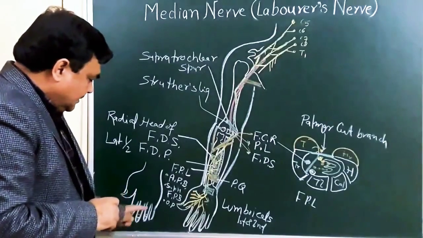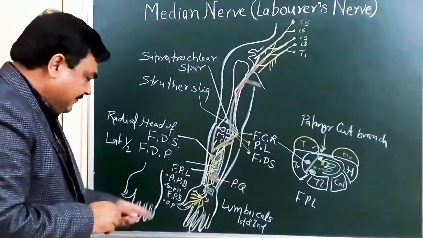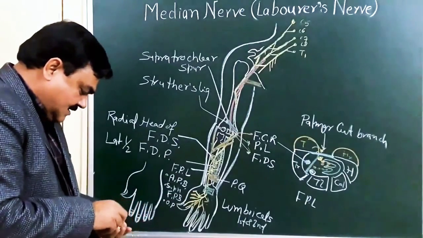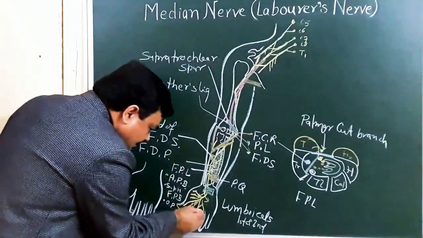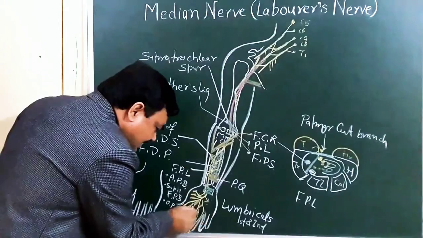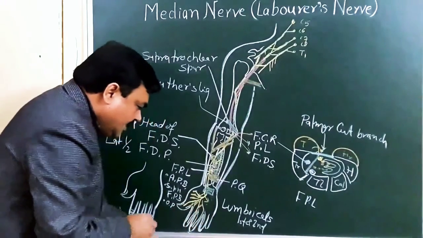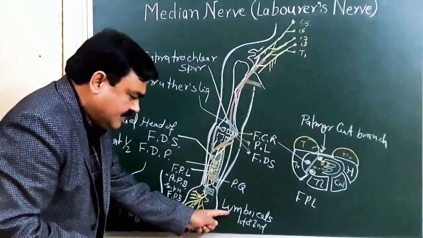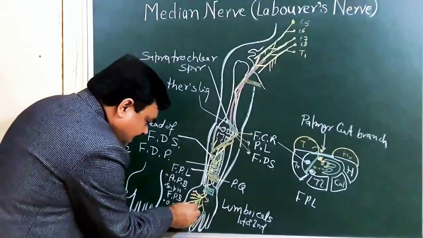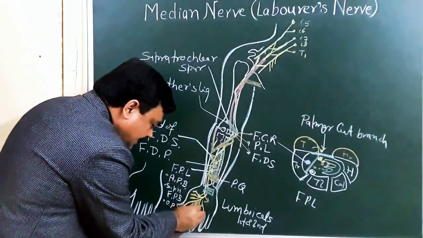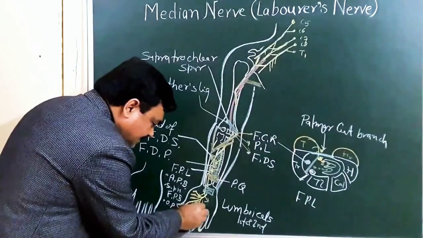So this is the cutaneous supply. These are motor fibers, supplying two lumbricals, the first and second lumbricals. These are supplied by these branches.